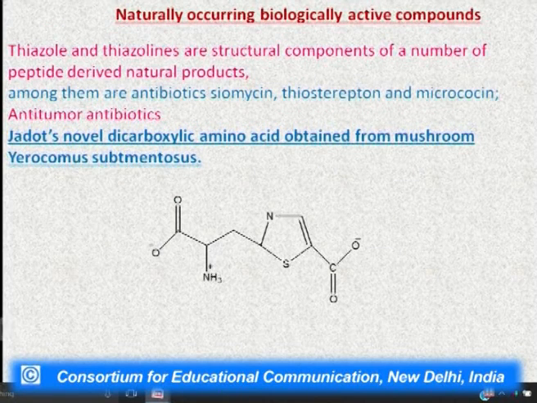Then comes the naturally occurring biologically active compounds. Thiazoles and thiazolines are structural components of a number of peptide derived natural products. Among them are many antibiotics, that is cyclomycin, thiostrepton and micrococcin. Anti-tumor antibiotics are also available in which the thiazole ring is there.